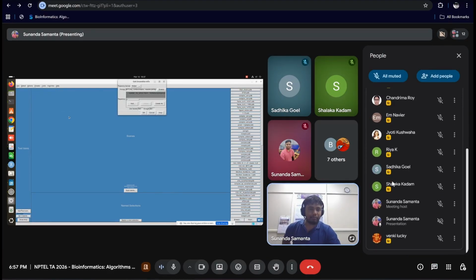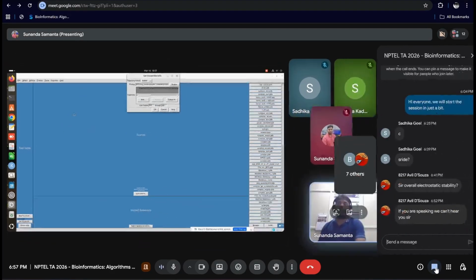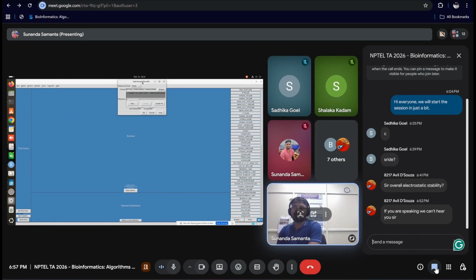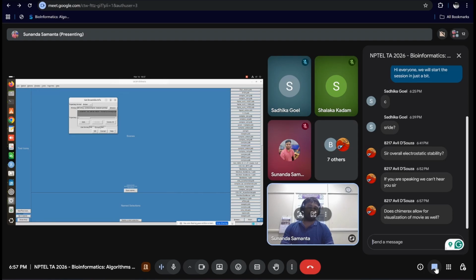What MD movie basically does is that it allows you to load something called a topology file. Topology files are where the structural information of the protein can be loaded.